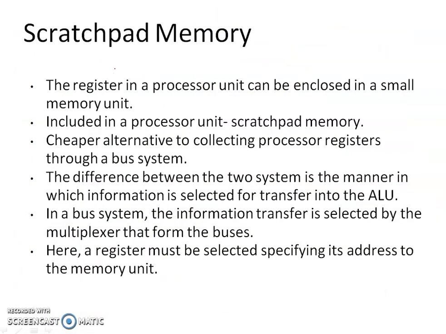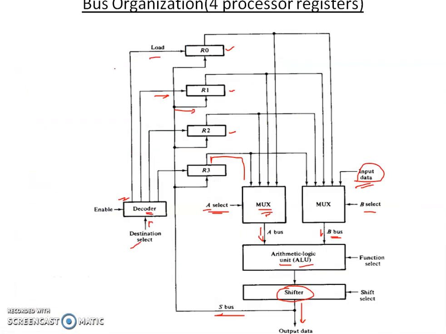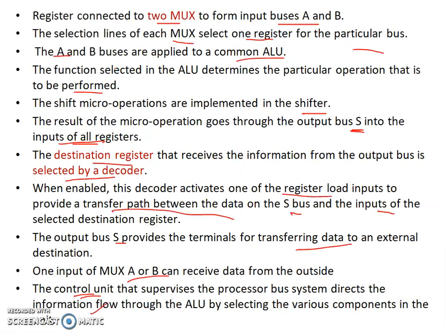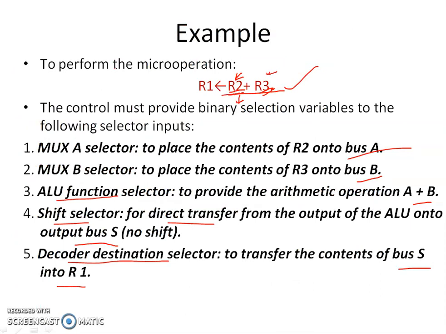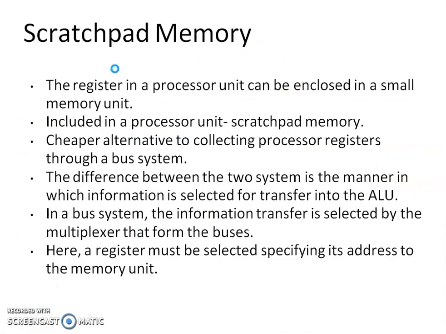Another concept is there. Here we are having registers to store the data, else we will be retrieving the information from the memory. Inside the processor, a small area is dedicated to store the data, and that area is called the scratchpad memory. So the registers in a processor unit can be enclosed in a small memory unit.